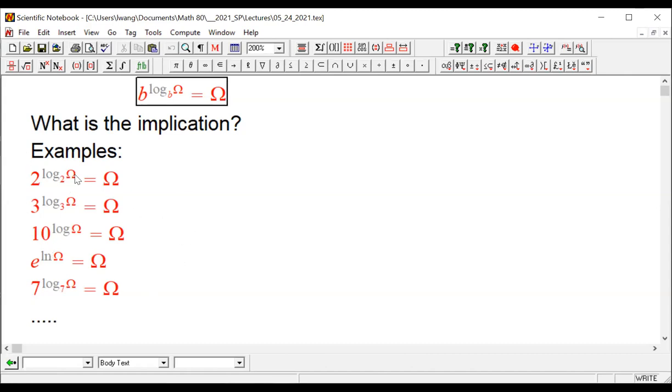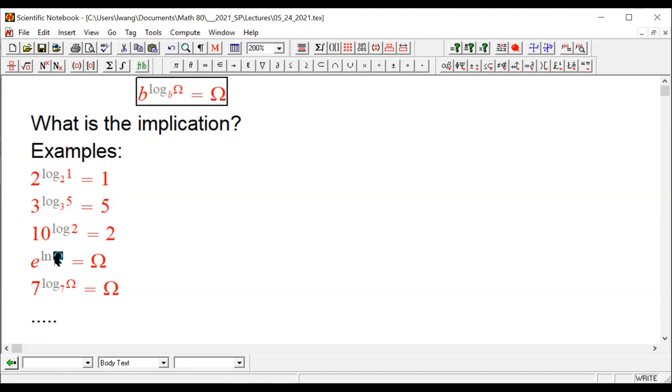Now let's look at something else. Omega, if this omega is 1, guess what the whole thing is equal to? This is going to equal 1. If this omega is 5, guess what this is equal to? It's going to be equal to 5. If this omega is 2, guess what this is going to be? This is going to be 2.